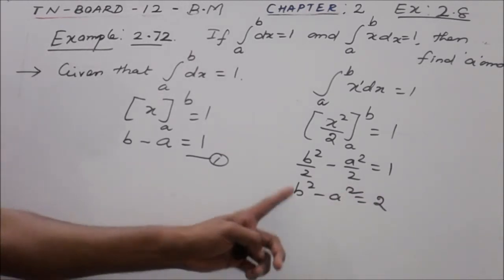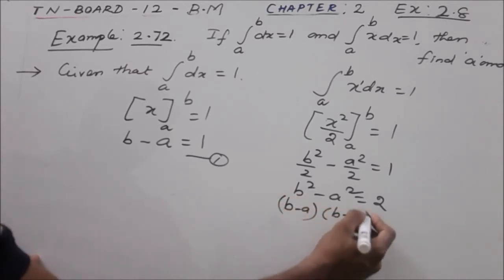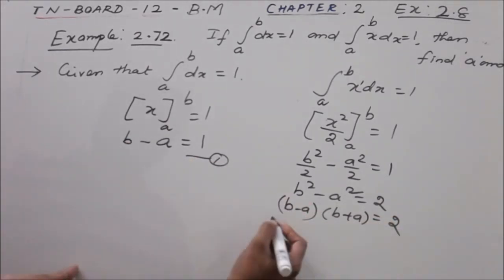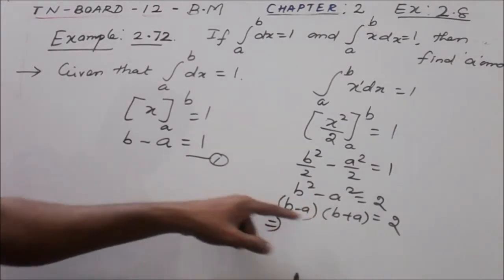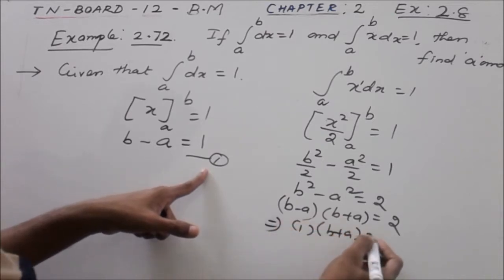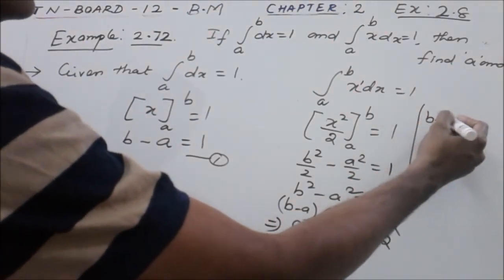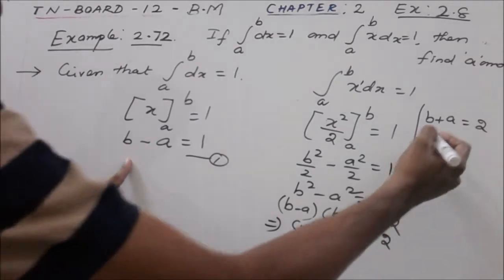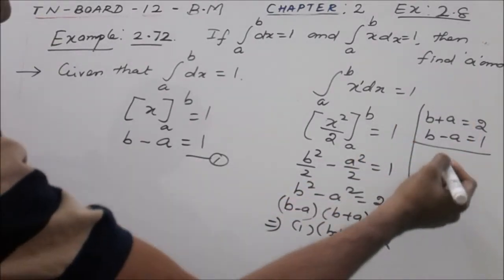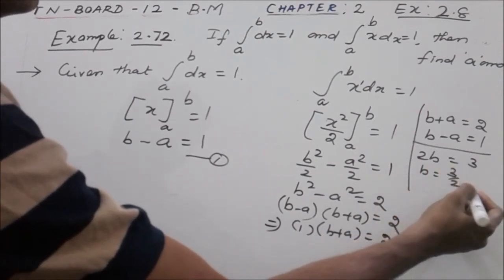Here, we can split it as b minus a into b plus a by using the a square minus b square formula. Substituting b minus a as 1 from equation 1, 1 into b plus a equal to 2. Which implies b plus a equal to 2 and b minus a equal to 1 we already have. Adding these two results, a cancels, 2b equal to 3 and b equal to 3 by 2.